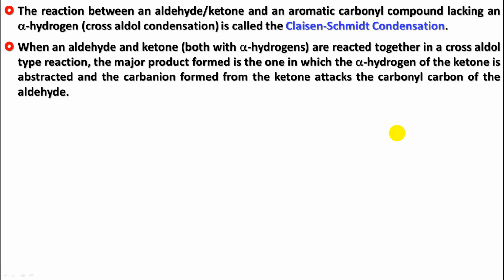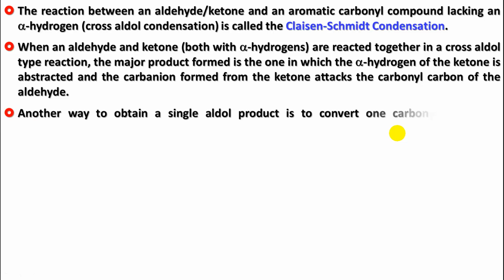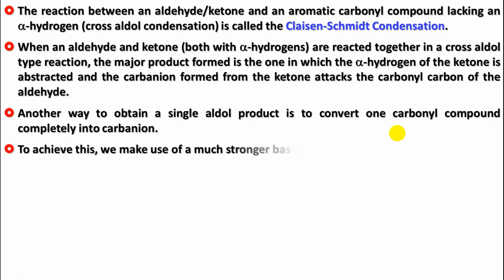But if you use a strong base instead, a strong base would be able to remove the alpha H almost from all the molecules of the aldehyde, and that would in a way convert an entire aldehyde into the carbon anion. So we can achieve this by using a strong base like LDA, lithium diisopropylamide.